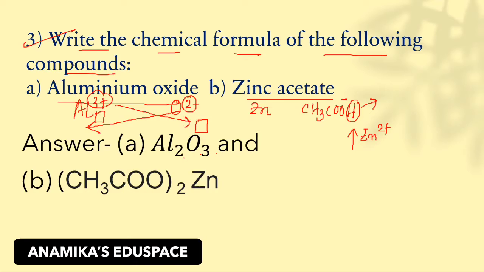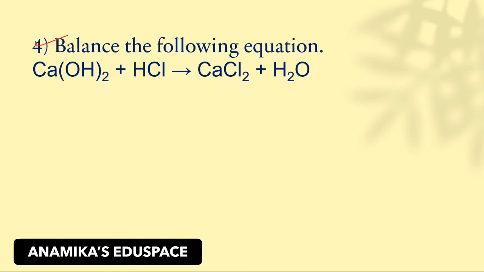So here only 1 is there for zinc. 1 can sit, but we don't write 1. And as zinc is 2 plus, the 2 sits as the subscript of acetate. Clear, students?